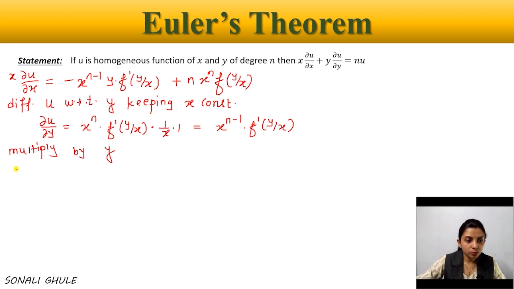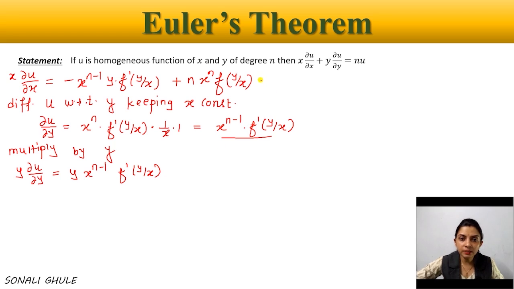So y into dou u by dou y is equal to y into x raised to n minus 1 f dash of y upon x.